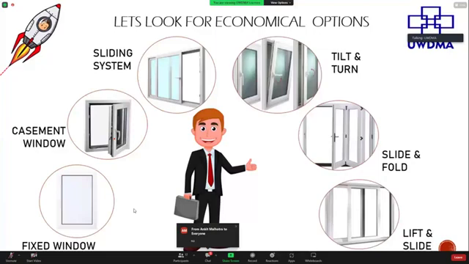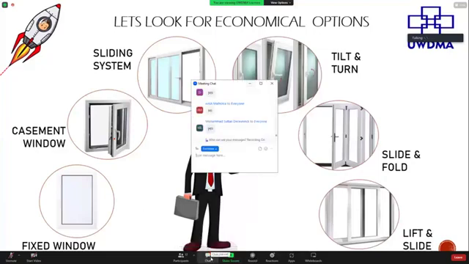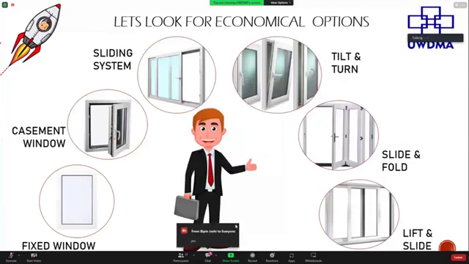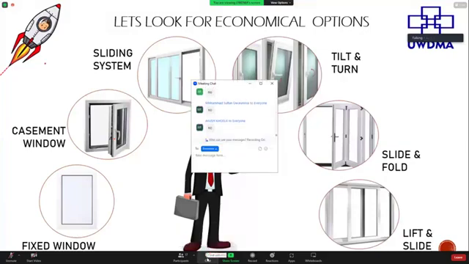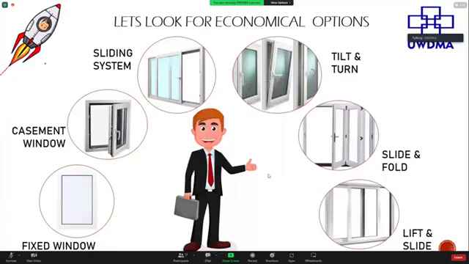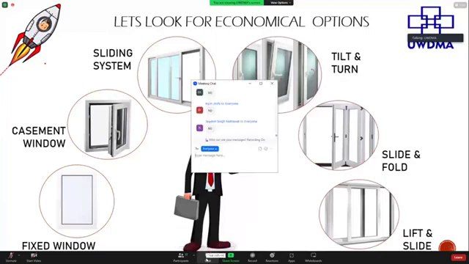Sliding system? Yes. Tilt and turn? Everybody is saying no, because everybody knows that its hardware is quite costly. Slide and fold, I think everybody knows it's a big no.